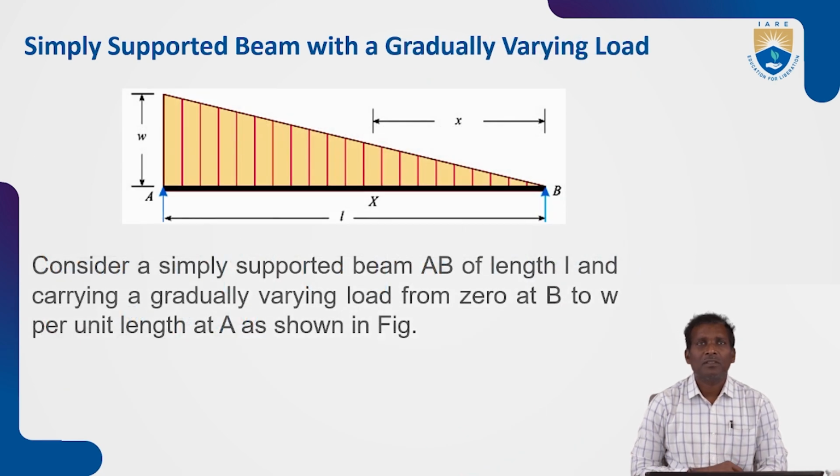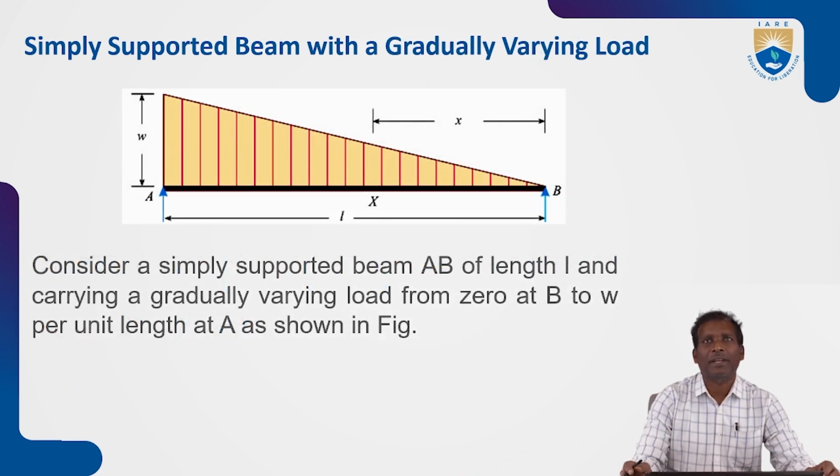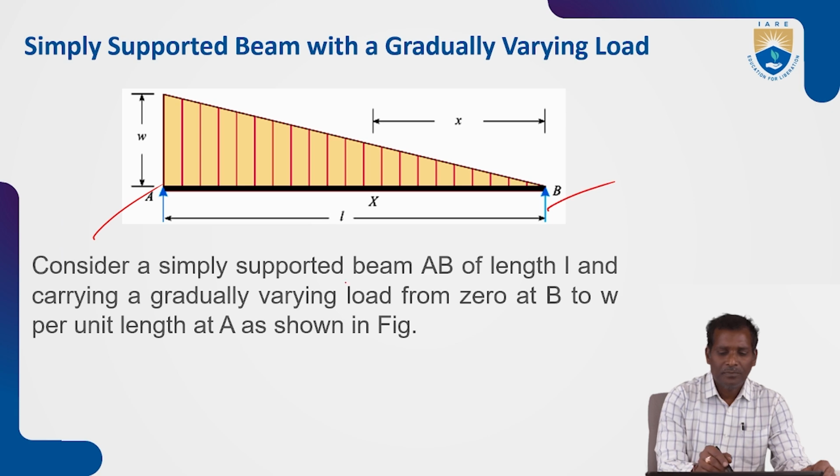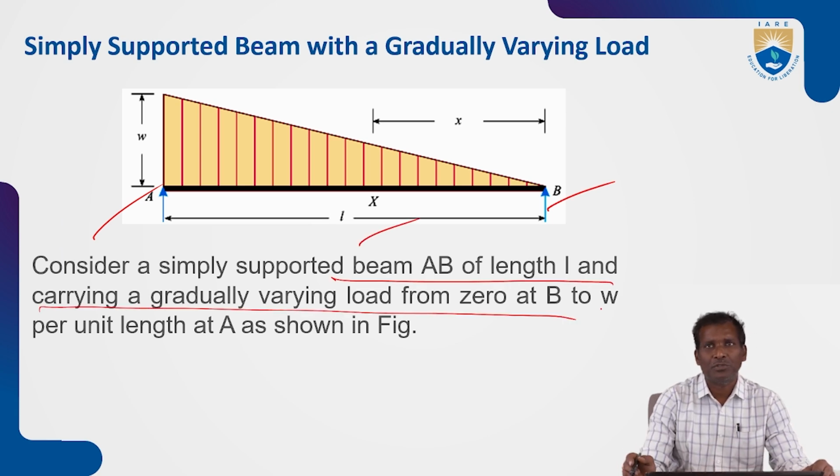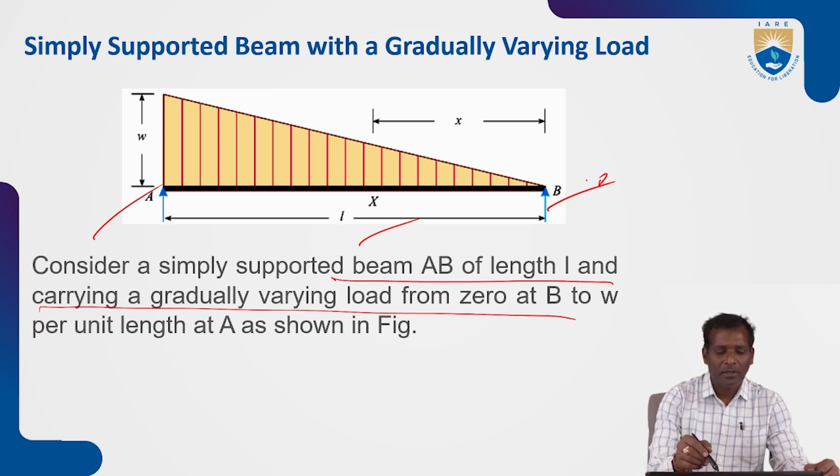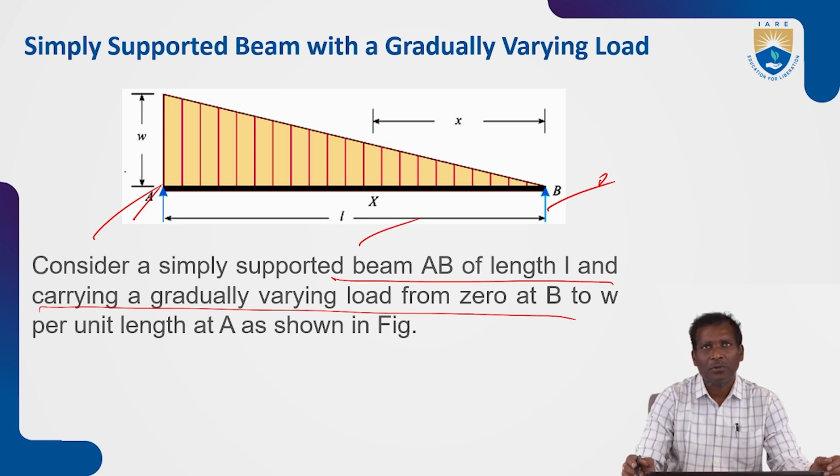Next one, simply supported beam with a gradually varying load. So consider a simply supported beam AB of length L and carrying a gradually varying load from 0 at B to W per unit length at A, as shown in the figure.